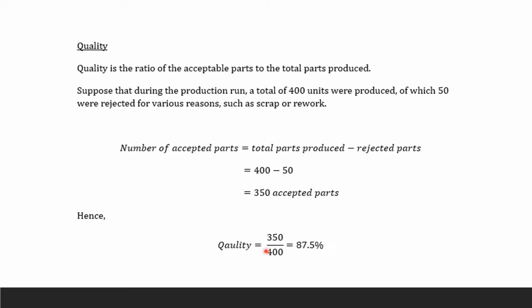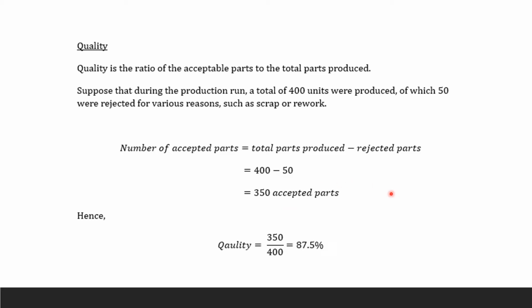Quality in mathematical expression. Outside you're going to say quality is looking good or shining or something, whatever you say. But mathematically we're looking at the acceptable parts to the total production parts. So out of everything that we produce, how many of them are accepted to go into the market?